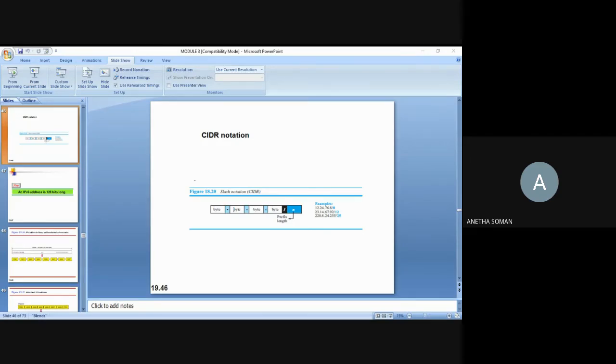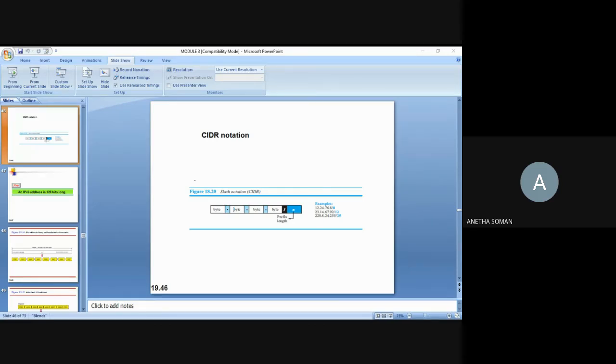Those 32 bits can be represented in two ways, one in binary form and another in dotted decimal form. The total number of addresses available was 2 power 32. After that, you studied the concept of classes.